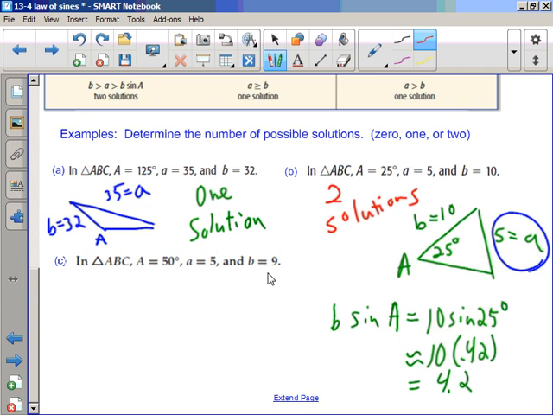Oh, I lost my train of thought. Oh, yeah, here we go. So we got to calculate B sine A again, because we have a scenario. Well, this time it's 50 degrees for A. That's 5. This is 9.